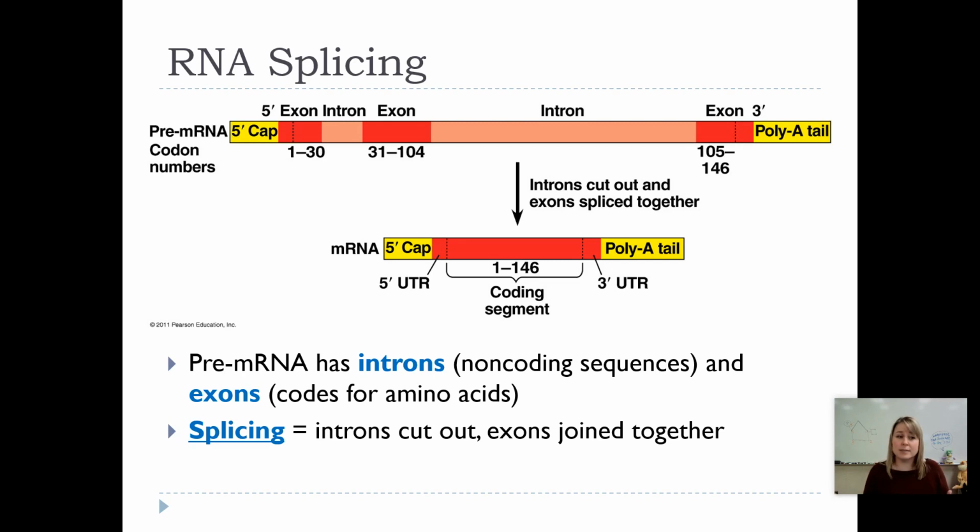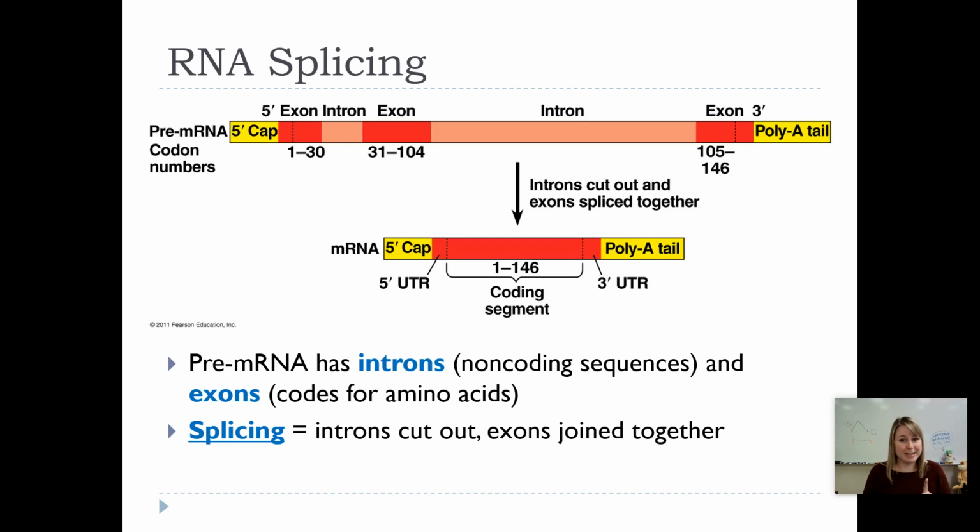So the introns stay in the nucleus, right? They get removed, they don't get to exit. The exons are the part that leaves the nucleus and goes on to be translated. Those are the coding parts of that specific RNA. So the introns get cut out, exons splice together, and now it can leave the nucleus.